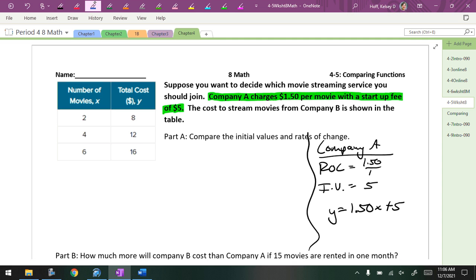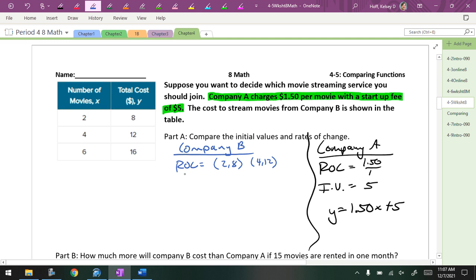Company B, we're going to use the chart. First thing we've got to find is my rate of change. How am I going to find my rate of change? 2 points. Which 2 points do you want to use? 2, 8 and 4, 12.